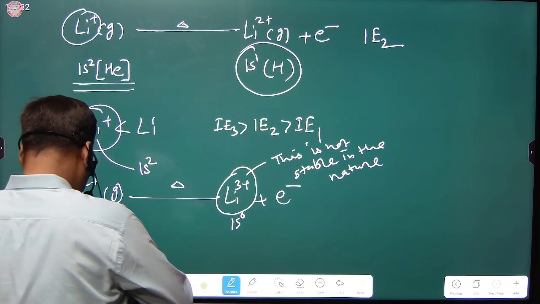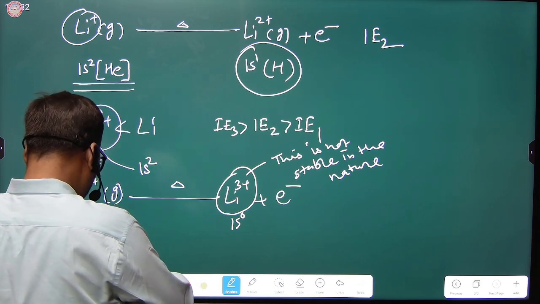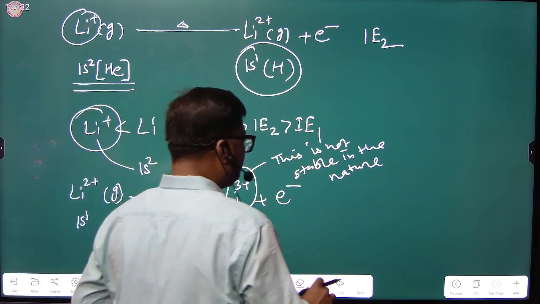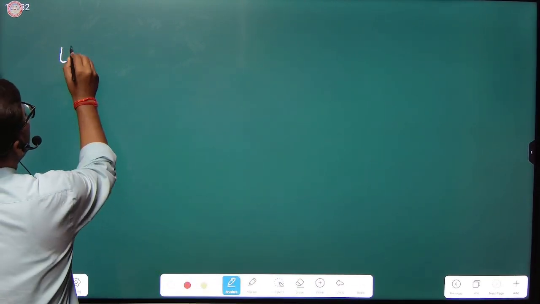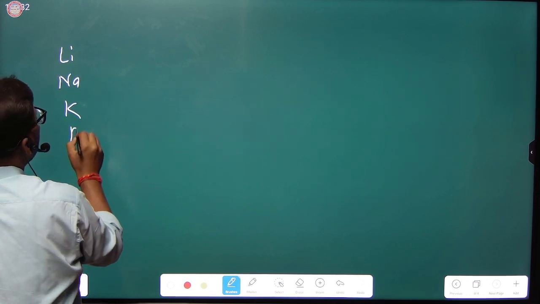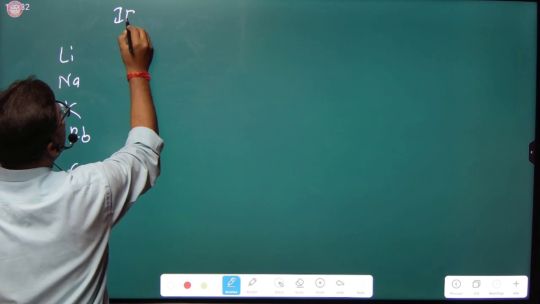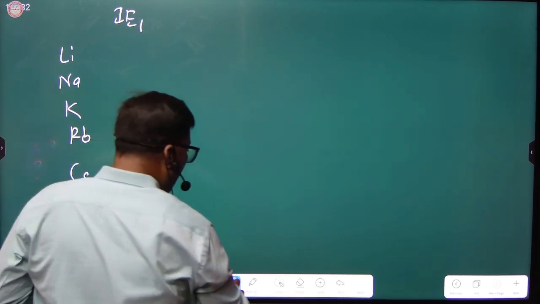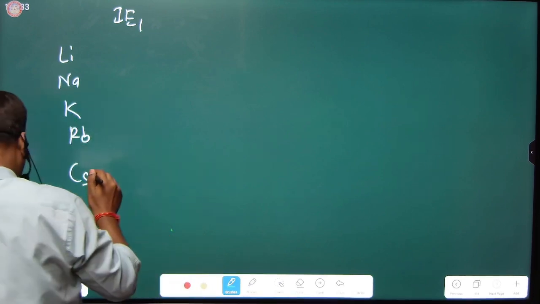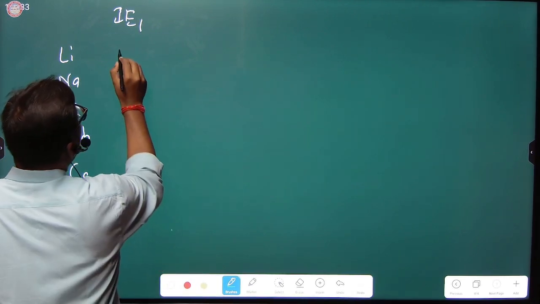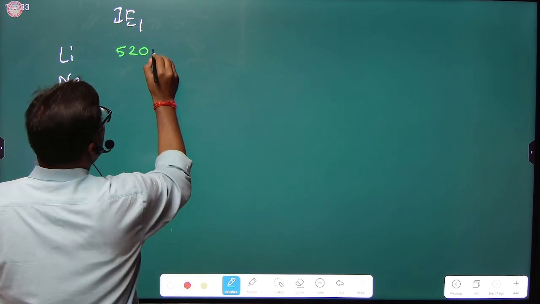In the case of alkali metals, the data look like this for lithium, sodium, potassium, rubidium, and cesium. The first ionization energy IE1 in the case of lithium is 520.1.